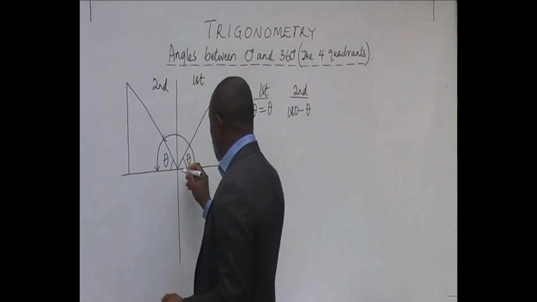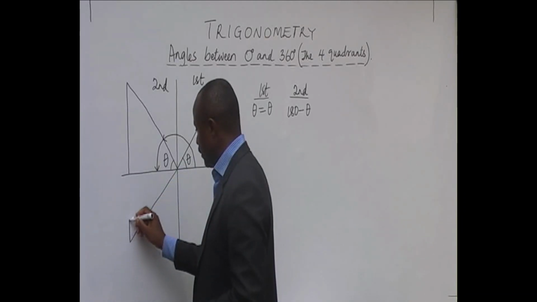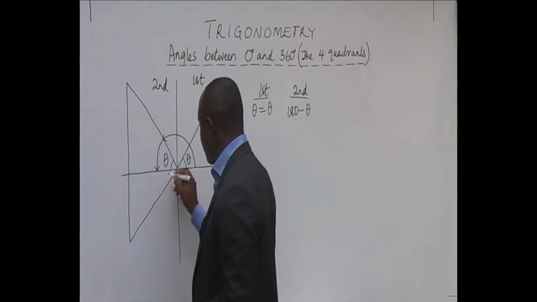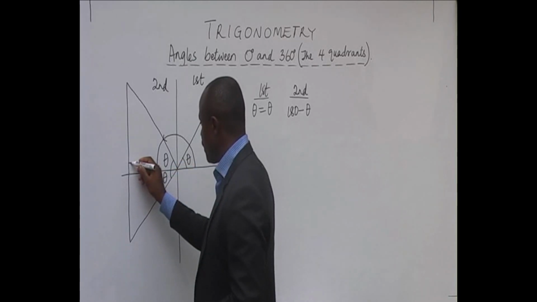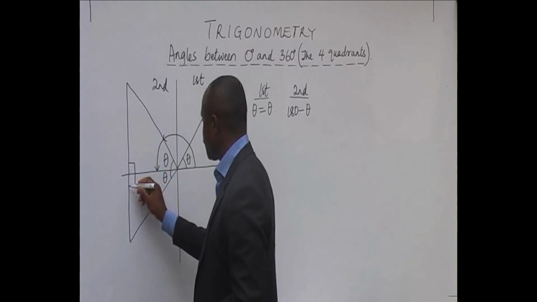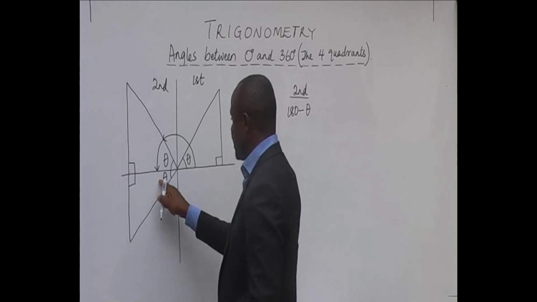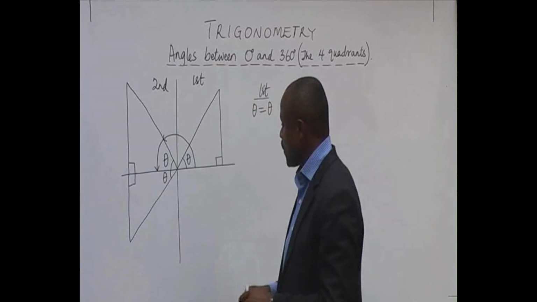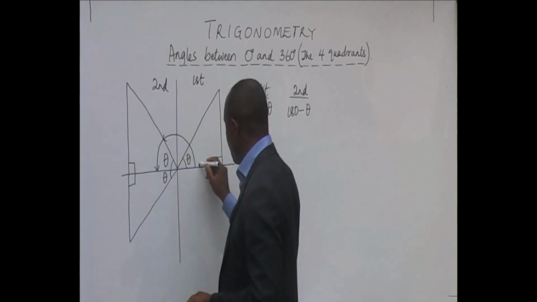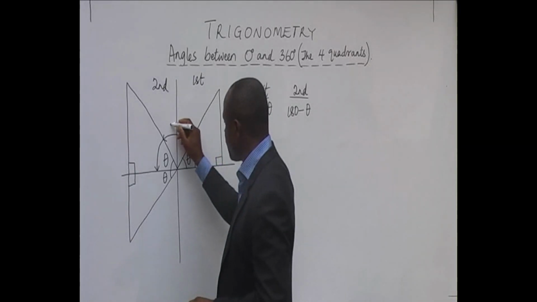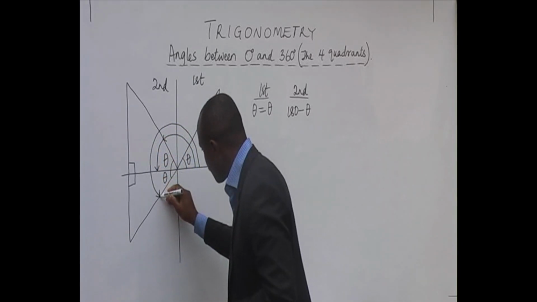Now, in the third quadrant, this is your triangle again. Remember I told you all the triangles have their basis on the x-axis. So this is the theta now. This theta is the angle from here, 0 through all these places, and it stops here.